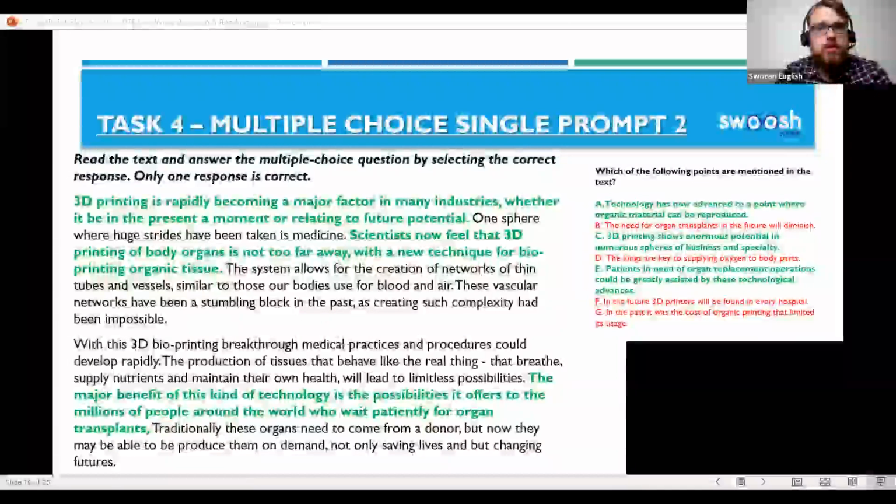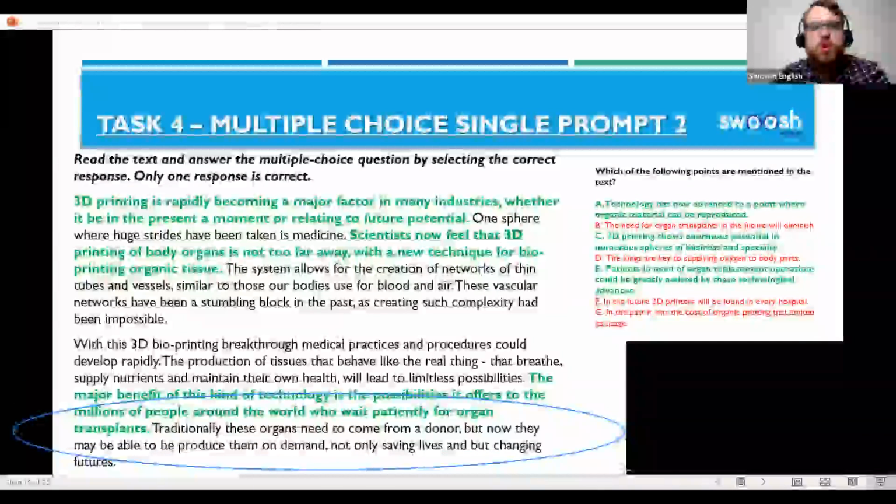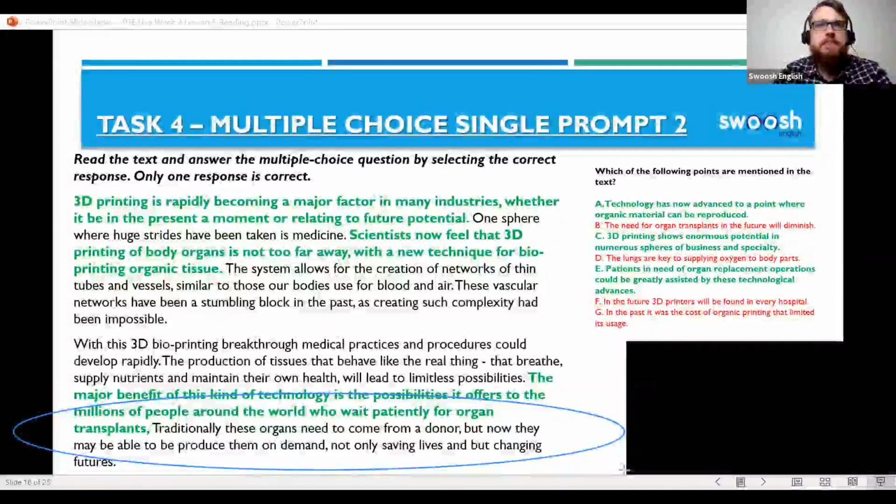Well, no, it doesn't. It does say something here at the end, though. Traditionally, these organs need to come from a donor, but now they may be able to be just on demand, not only saving lives, but changing futures. That's maybe the thing that may possibly talk about it, as well as the development of these vascular networks having a stumbling block in the past.